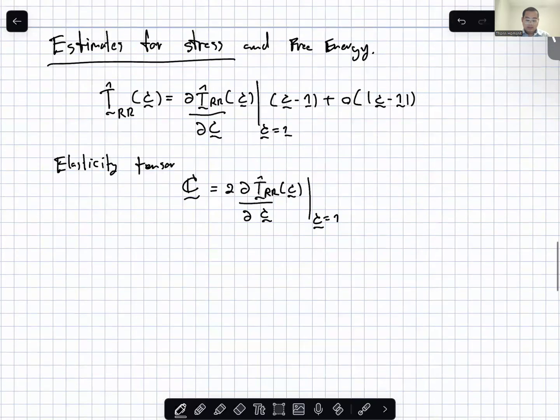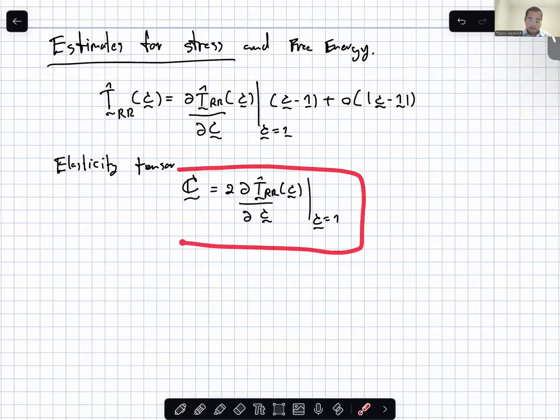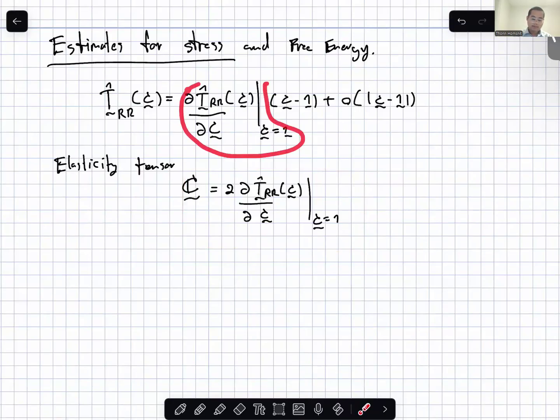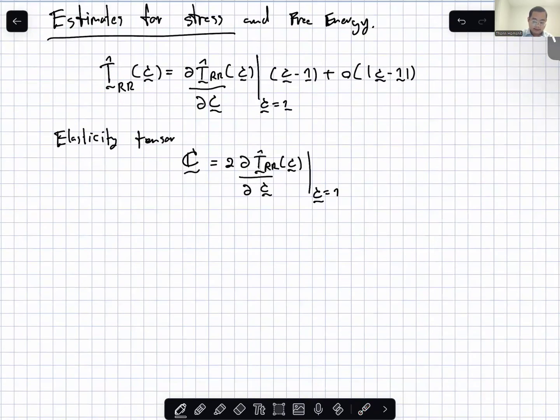Okay, so once we know that this is, by definition, the elasticity tensor, and we see that it looks really similar, we can write this expression again including the elasticity tensor. So we're going to have it equal to 1 over 2 times the elasticity tensor, so the 2 cancels out, right? And times C minus identity.